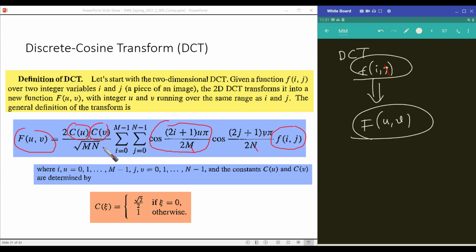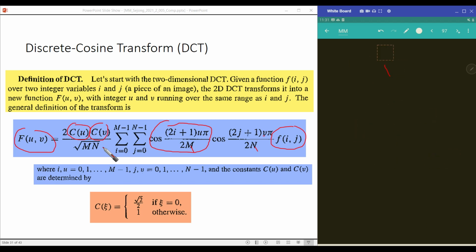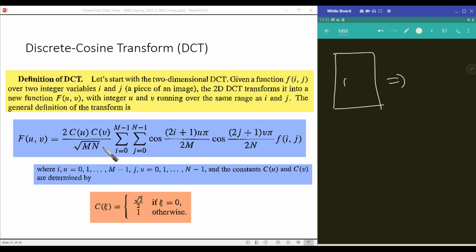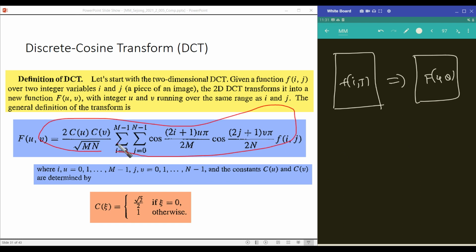Okay, in the same way, as we calculated cu, we will calculate cv. Now we got it. So again, you see, we can think of this as converting this fij to another image, that is the fuv image, just by using this two-dimensional equation.